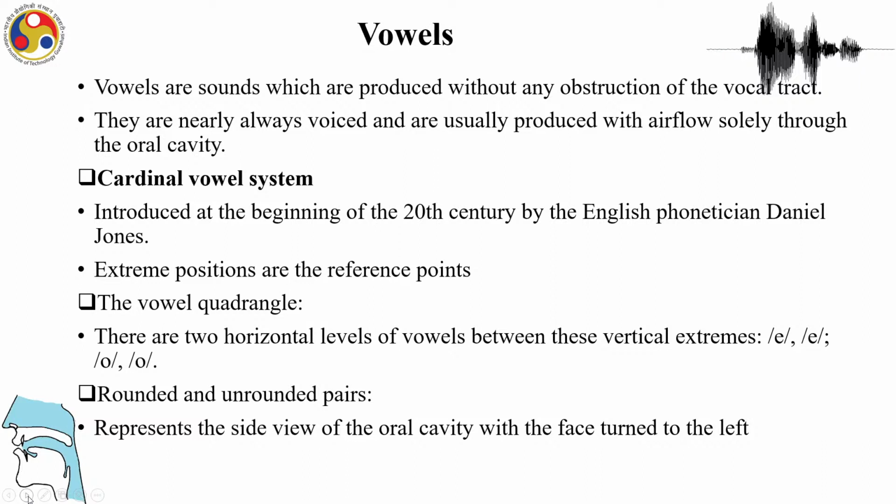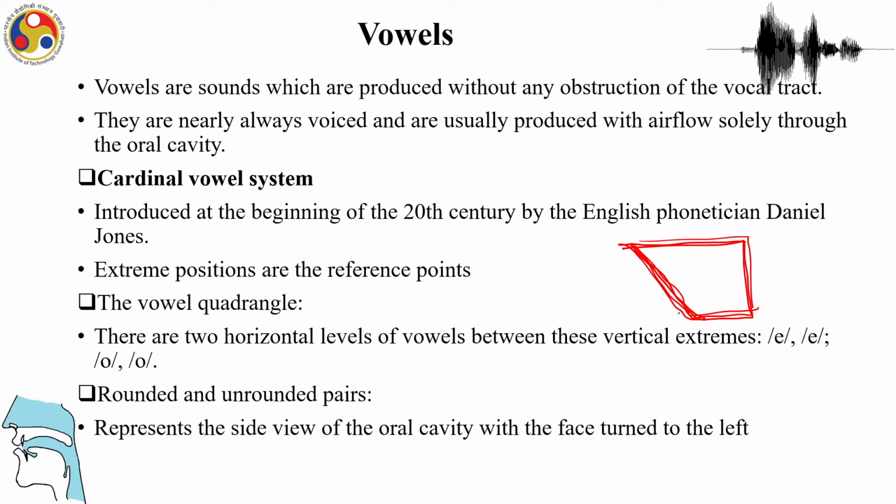The free airflow that we are talking about is important, but there are very many important things that give particular shape to the vowels. The vowels are organized in a system of horizontal levels.